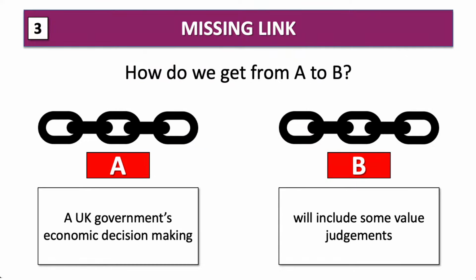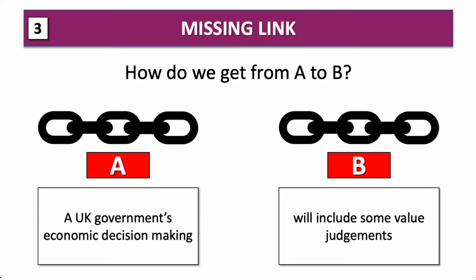John, could we please have the third one? So the same thing again. A, a UK government's economic decision making, and B will include some value judgments. So how are we going to get an extra link in here that makes this chain complete?